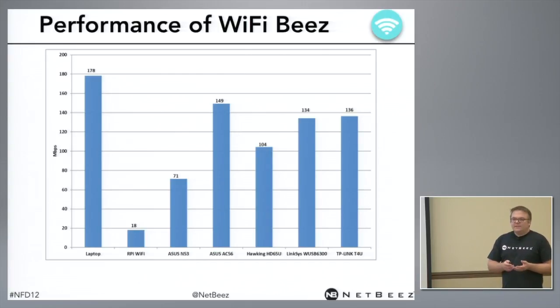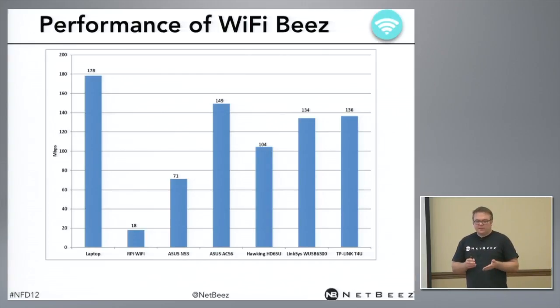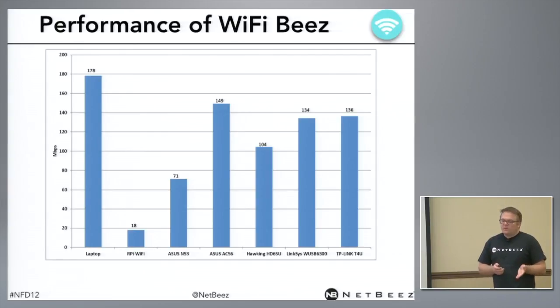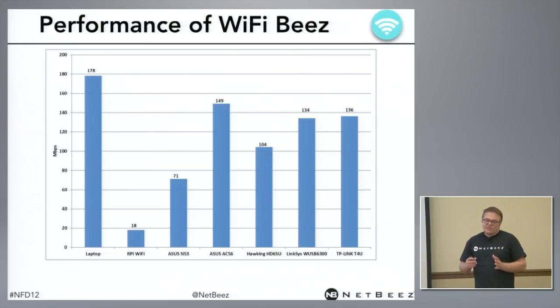We also tried the Raspberry Pi 3 that has onboard Wi-Fi. That one, though, is only 2.4 gigahertz. The antenna is on board, so there are some limitations on the performance it can get.